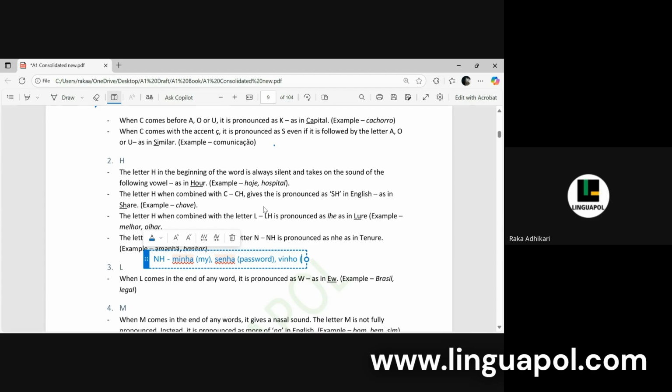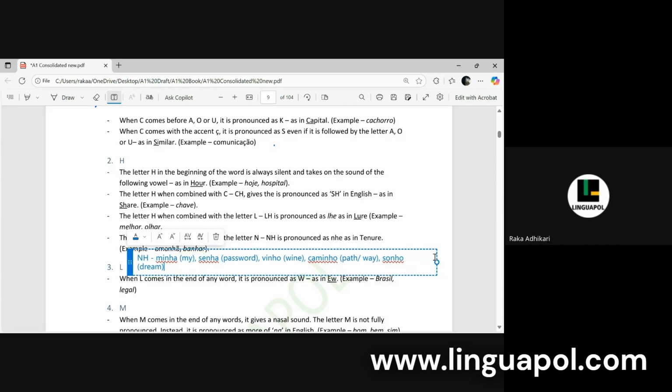Portugal is extremely famous all over the world for its wine. Wine is called vinho. Then caminho. Caminho is a path or a way. Sonho. Sonho means dream. So you can see it's a very common combination that you can see in a lot of words, even for the very basic vocabulary.